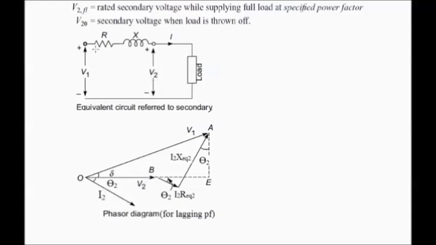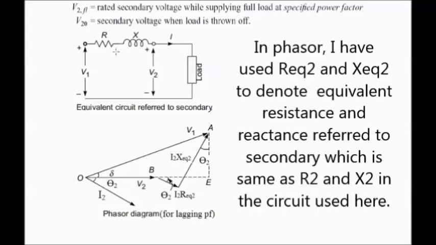From this circuit diagram we can see that V1 is I2R2 plus I2X2 plus V2, and these R2 and X2 are the equivalent R2 equivalent and X2 equivalent.